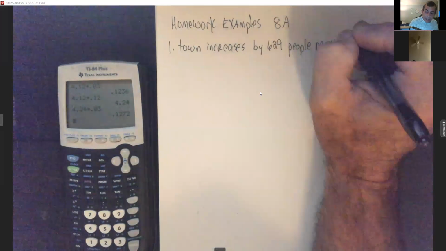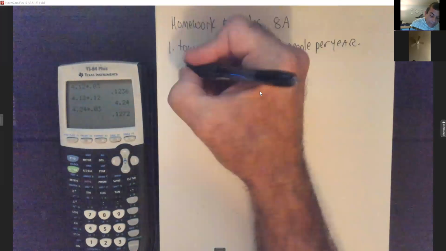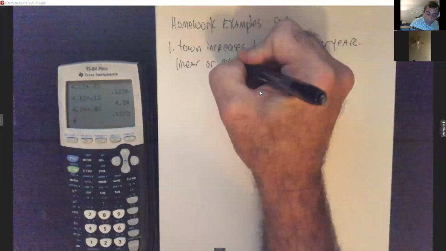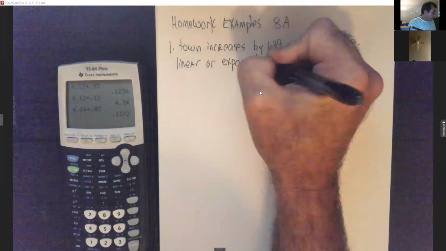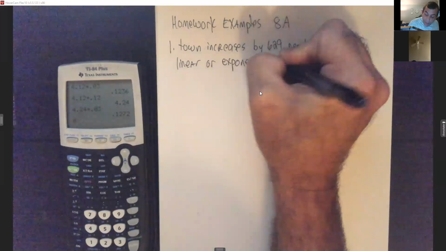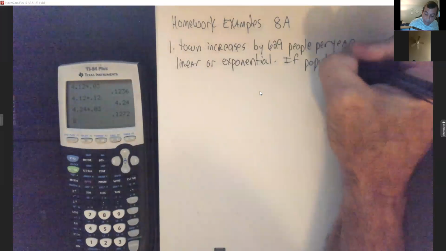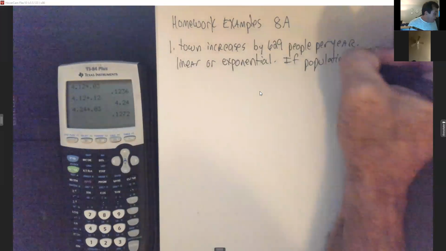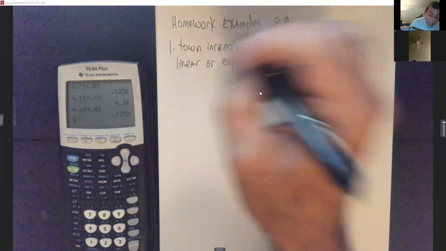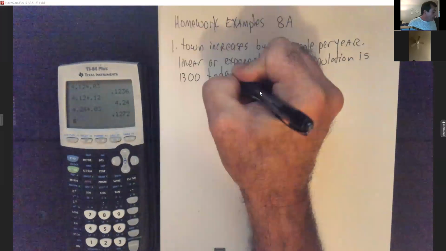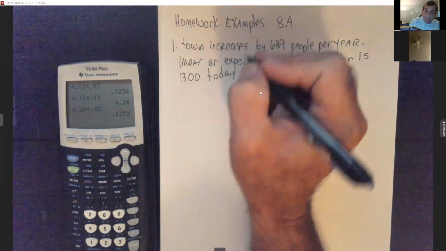So we need to know if that's linear or exponential. And then if the population is 1,300 today, what will it be in 5 years?